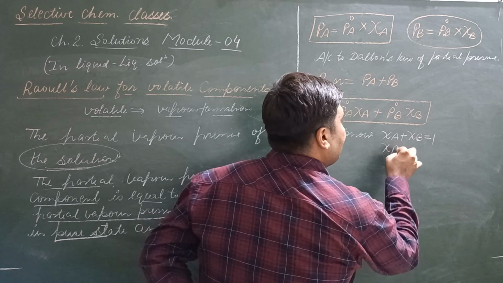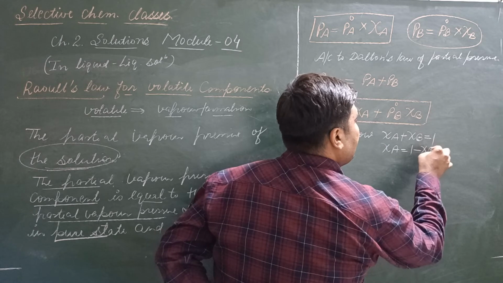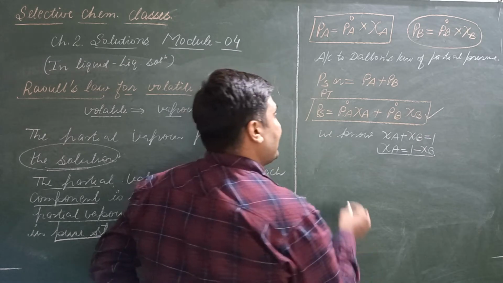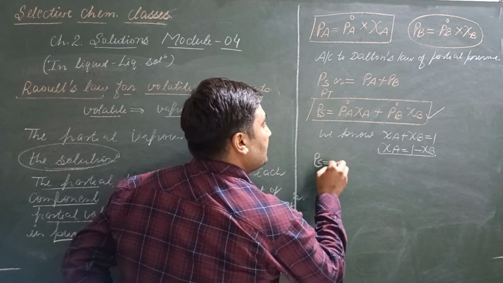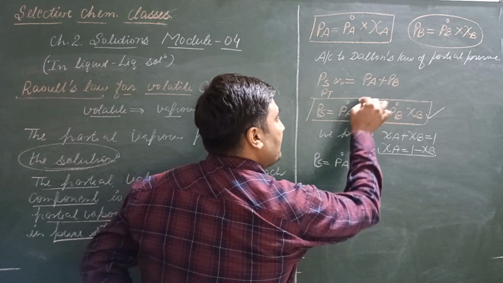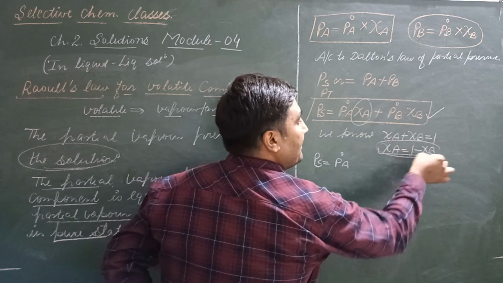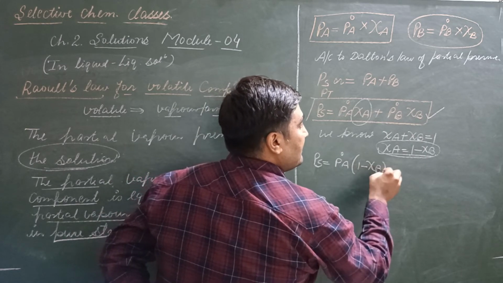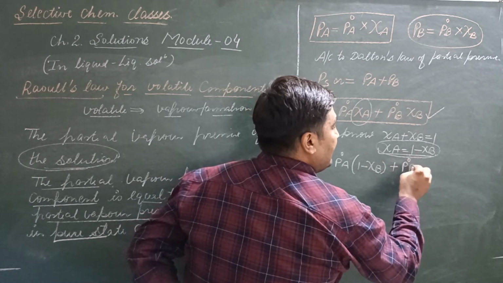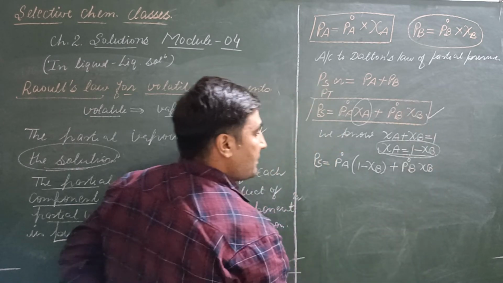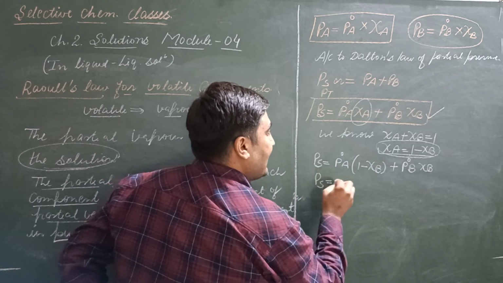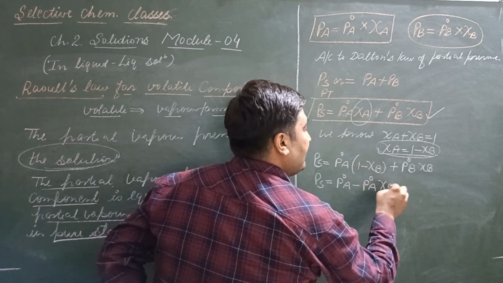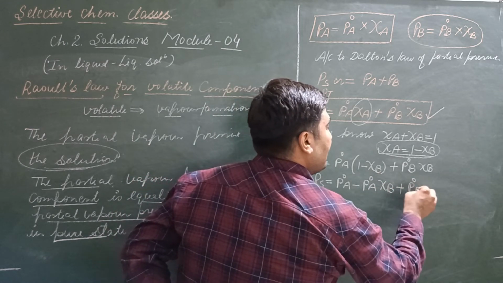So chi A will be equal to 1 minus chi B. By putting this value in the above equation, we get PS equals P naught A times (1 minus chi B) plus P naught B chi B. By solving this term, we get P naught A minus P naught A chi B plus P naught B chi B.